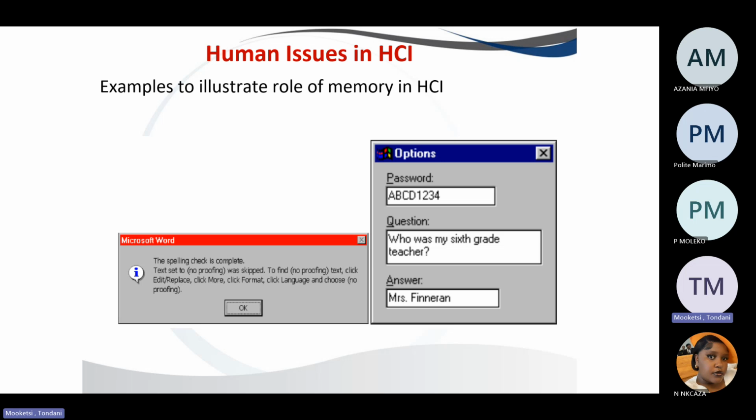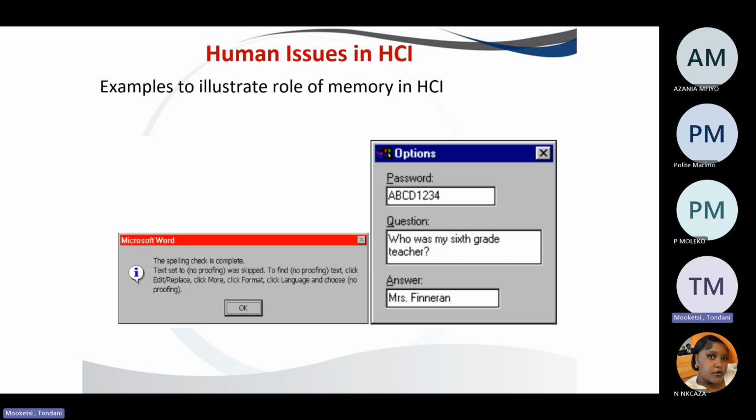So the way that this message is designed, it is not an efficient use because we can see that the user will need to do multiple steps to get to what they need to do. So now the user must remember, after they click on this message, that I have to go and click text. I must then click edit, replace, or click more.